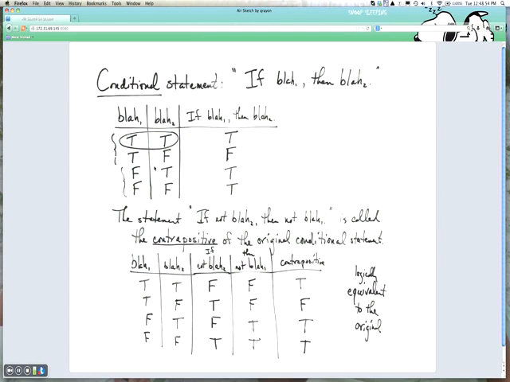Well, basically the meaningful part of this, if the condition part's false, it's true by default, and I think the example I gave is, if you wash my car, then I'll give you an A for the course. If you never wash the car, then there's really nothing to talk about, right? It's true because you never tested it.